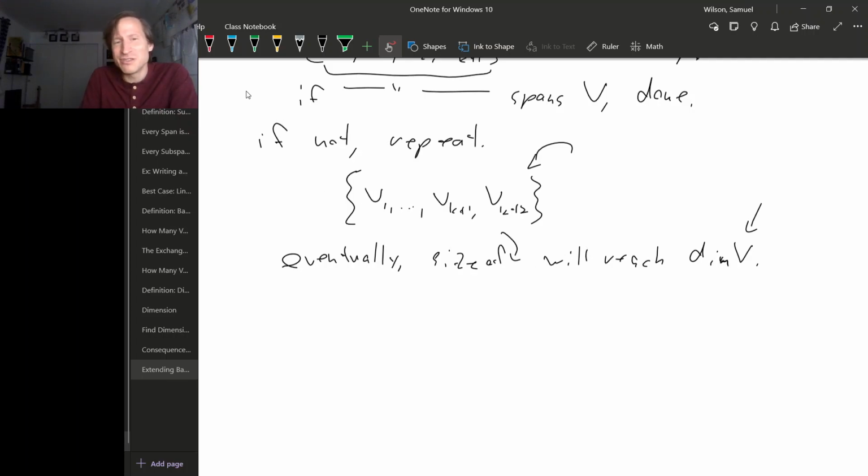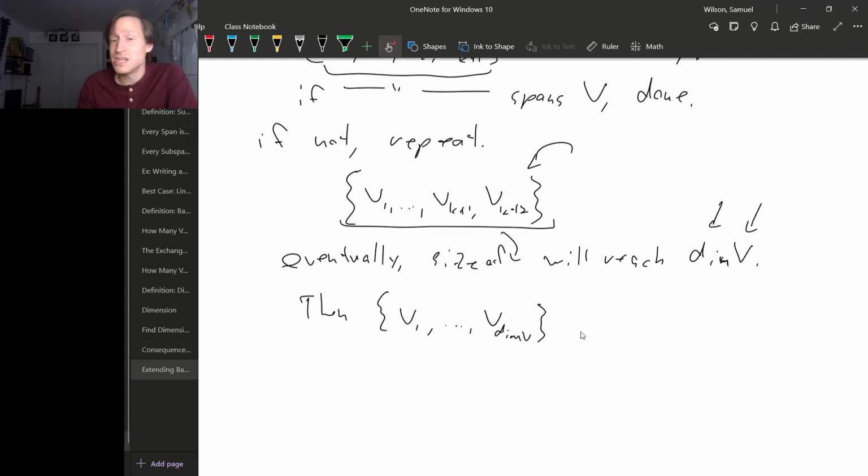So all we need to do is repeat this process until we have the same number of vectors in this collection as the dimension of V. Then this collection of vectors, which by this time will go from v sub 1 all the way up to v sub the dimension of V, is guaranteed to span V. Well, we still know it's linearly independent, but now it also spans V, and that means that this collection of vectors is a basis for V.